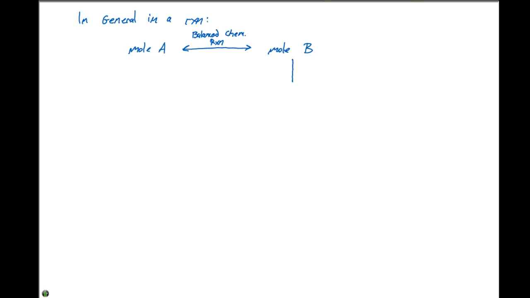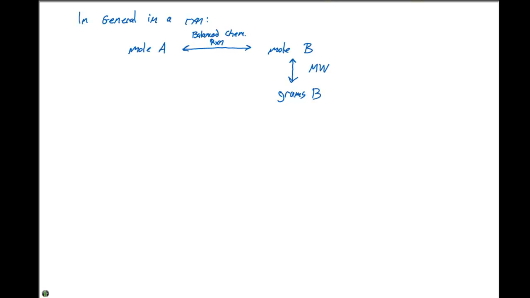We can also convert moles of species B to grams of B, and we can do this by using the molecular weight. We can convert from grams to moles and from moles to grams.